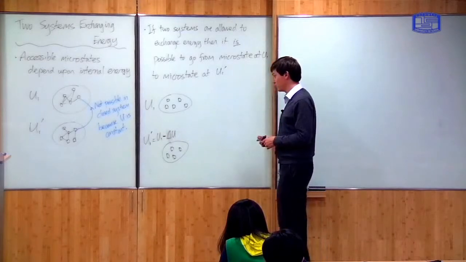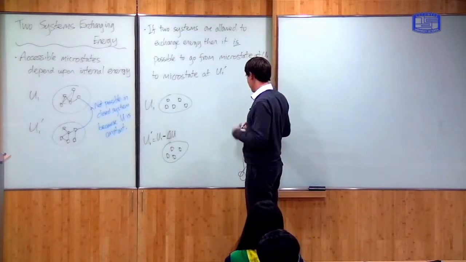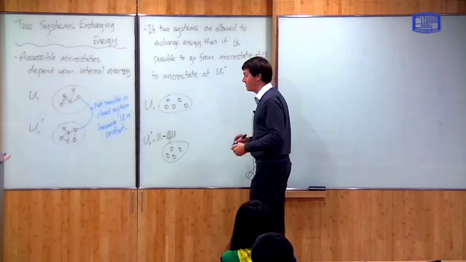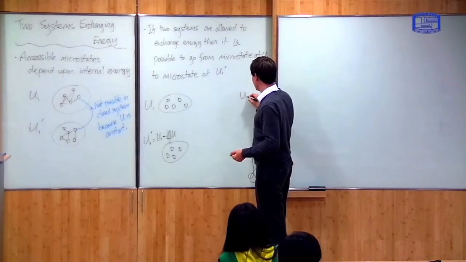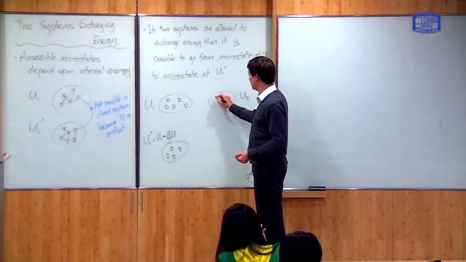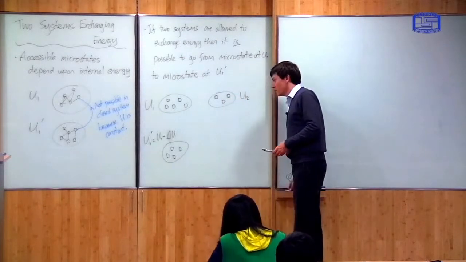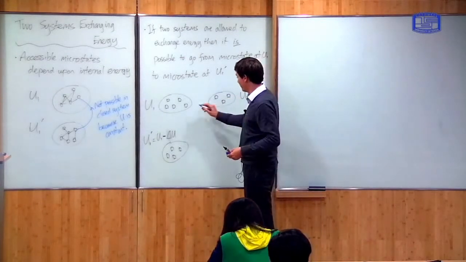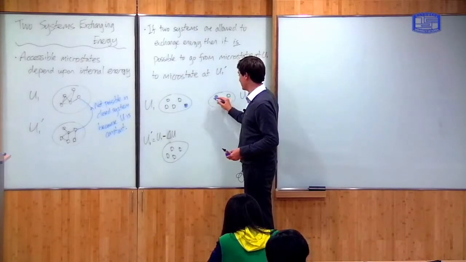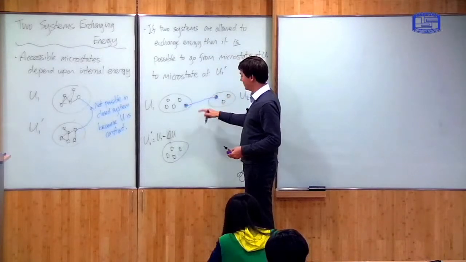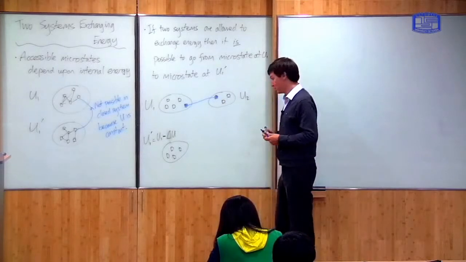Okay. And let's suppose originally the other system, I connect the two systems together and allow them to exchange energy. The other system is at an energy U2 here, where it has a certain microstate which are allowed like this. So initially, I can have a microstate here connected to a microstate here. So the combined system is in, first system is in this microstate, second system is in this microstate.